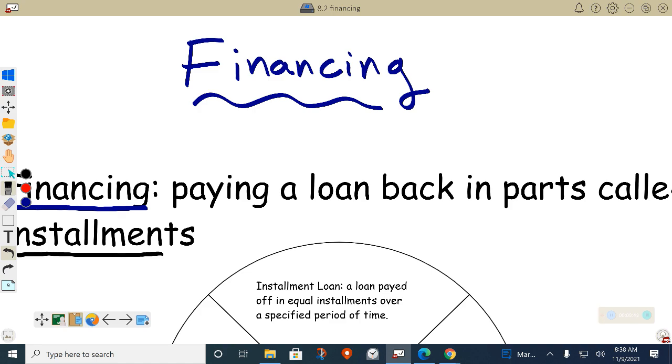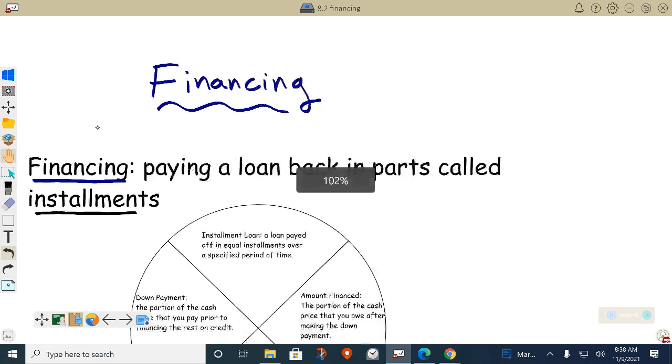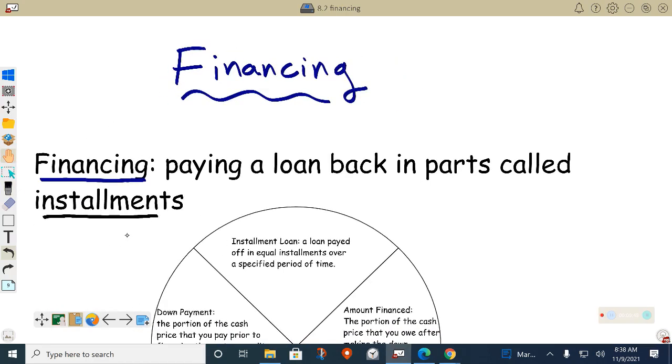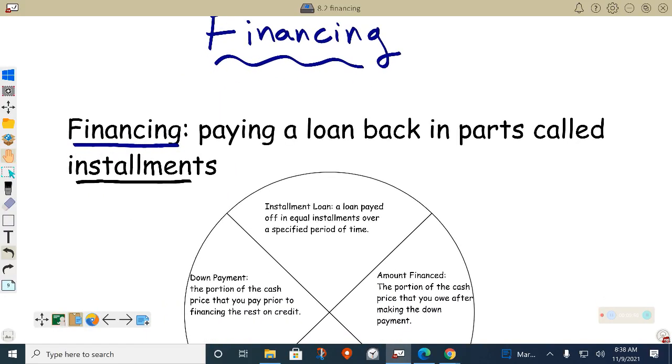Financing. This is a huge part of personal finance. It's part of life. Okay? So go ahead and write down the definition somewhere in the blank area. Maybe on the bottom, if you write kind of large. Write the definition of financing.